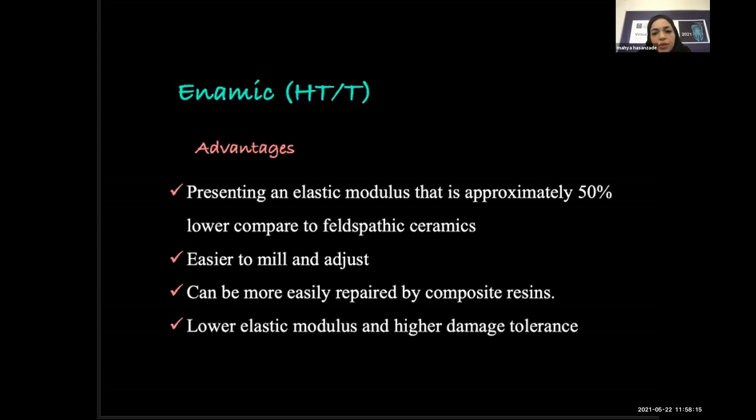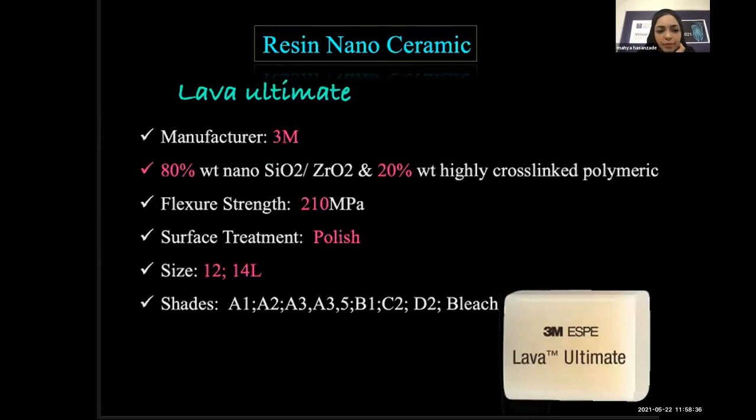In comparison to dental porcelain, this new material has been proven to have a lower elastic modulus and higher damage tolerance. All these features come from the combination of the polymer with the ceramic network.